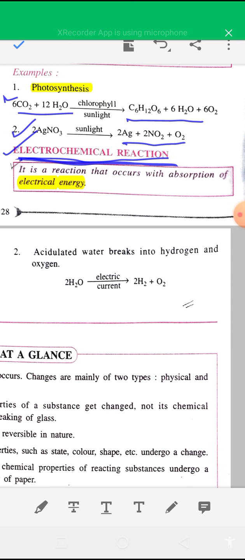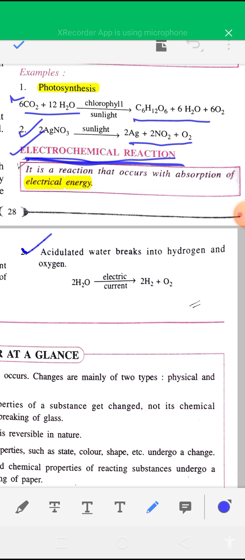One more example: if you pass electric current through acidulated water, that is acid mixed water, the water will decompose into hydrogen gas and oxygen gas.